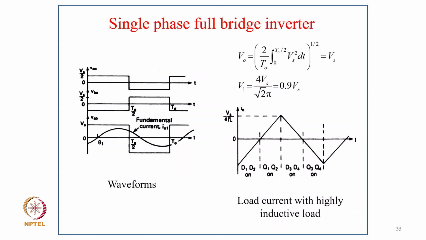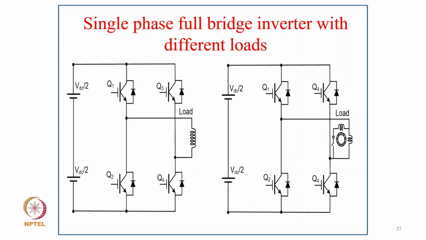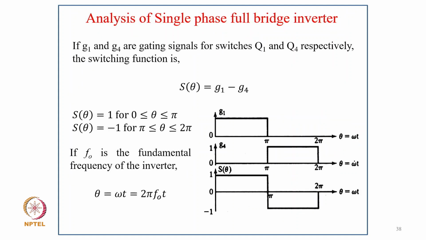The output voltage here in RMS value is 2 upon T0 integral from 0 to T by 2 of Vs squared dt, equal to Vs, and V1 equals 4 Vs upon root 2 pi, that is equal to 0.9 Vs. This is the single phase full bridge inverter with different loads like R load, RL load, inductive load, and motor load.